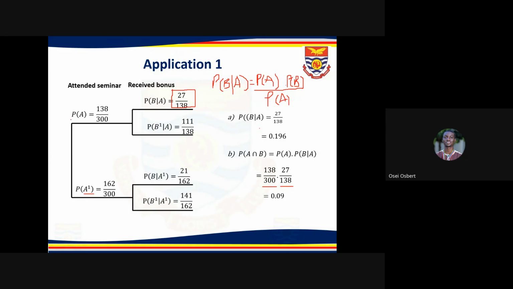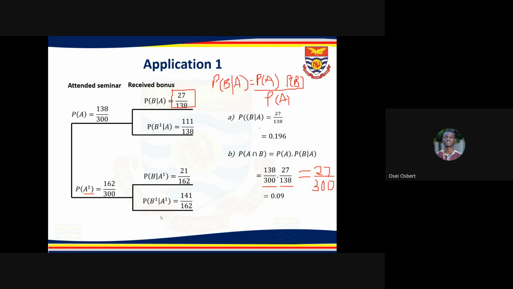So we have the probability of A, which is 138 on 300, times you attending that seminar and receiving the bonus, 27 on 138. So you have it as 27 on 300, because 138 will cancel out. And then you have it as 9 on 100, giving 0.09.